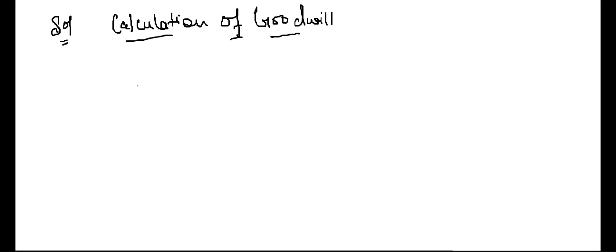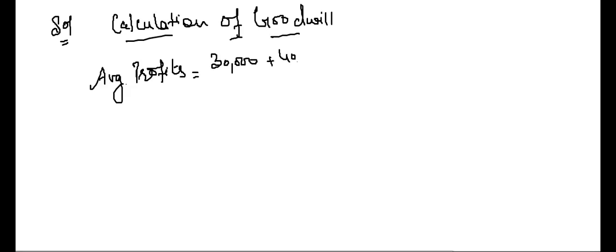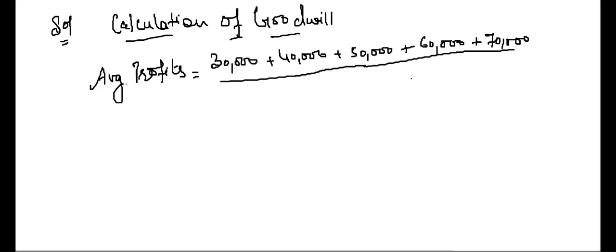We have average profits. What are the average profits given? Average profits given for the 5 years are 30,000 plus 40,000 plus 50,000 plus 60,000 plus 70,000. So these are the last 5 years profits. What will be the average profits?